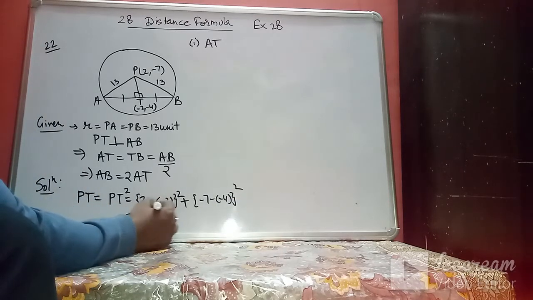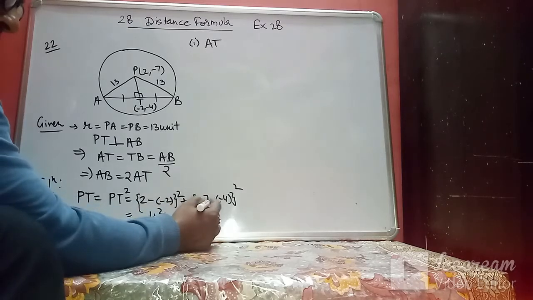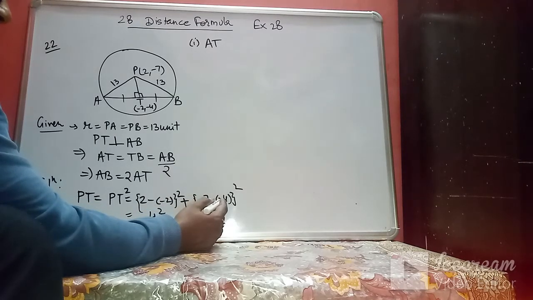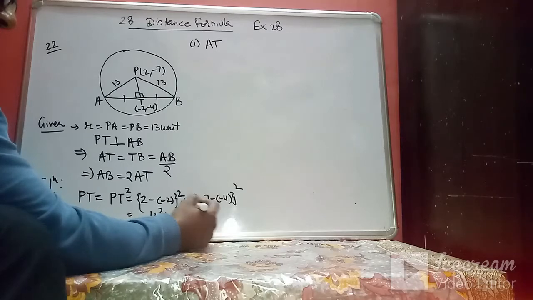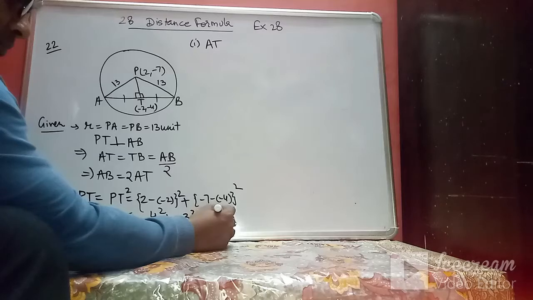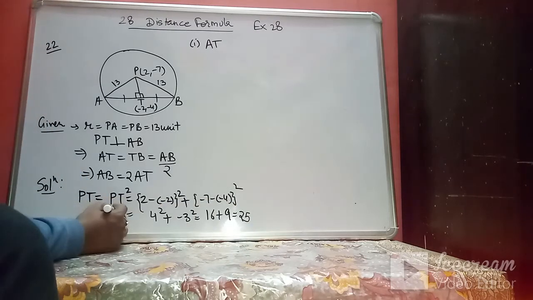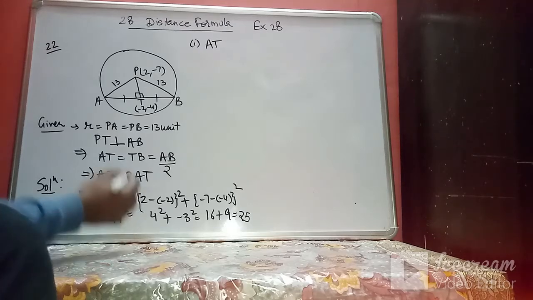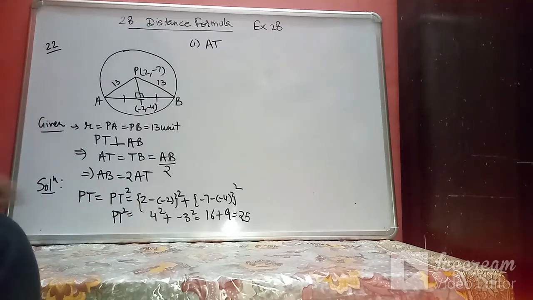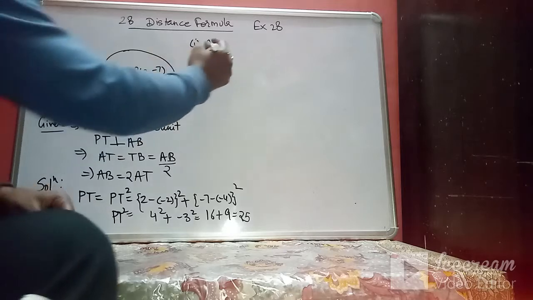So it is 2 plus 2, 4 square, and it is minus 7 minus 4, that is minus 11 square, which gives 16 plus 9 equal to 25. So this will be the value of PT square. Now we will use the value of PT square.